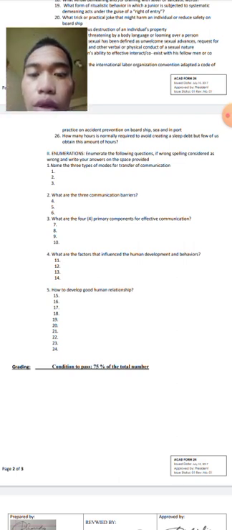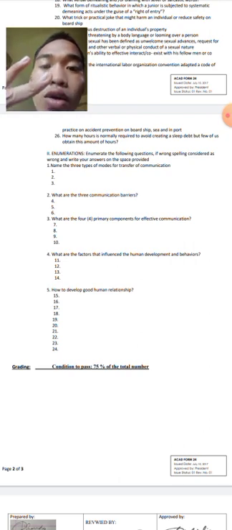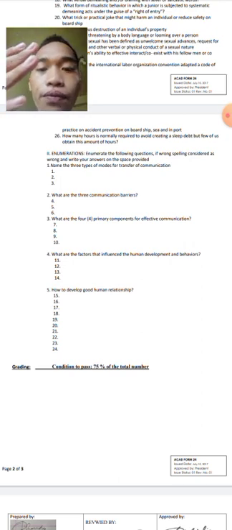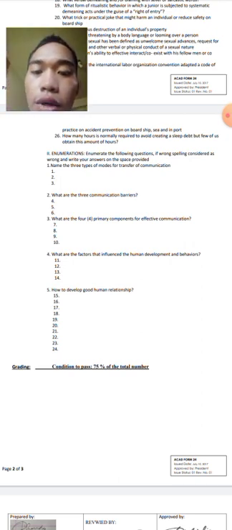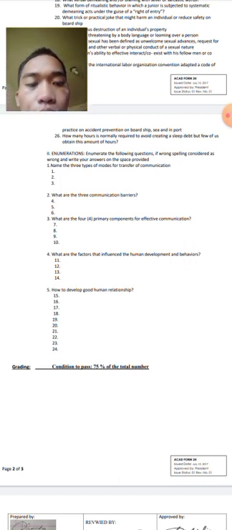The factors that influence human development and behavior are first, heredity. Second, socio-economic. Third, the race of the people and sex.